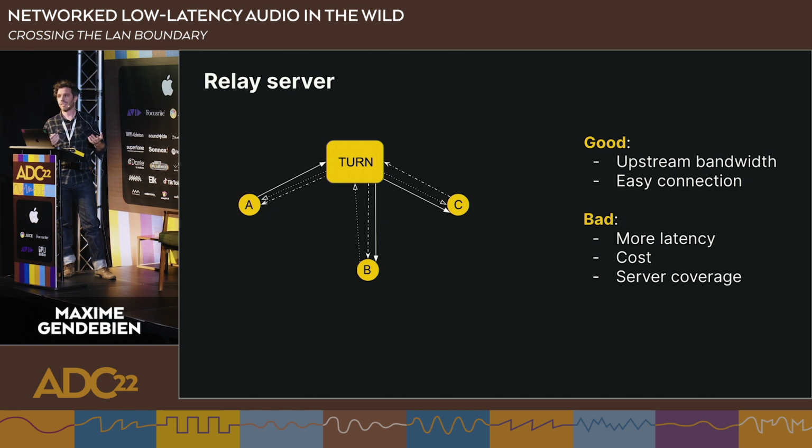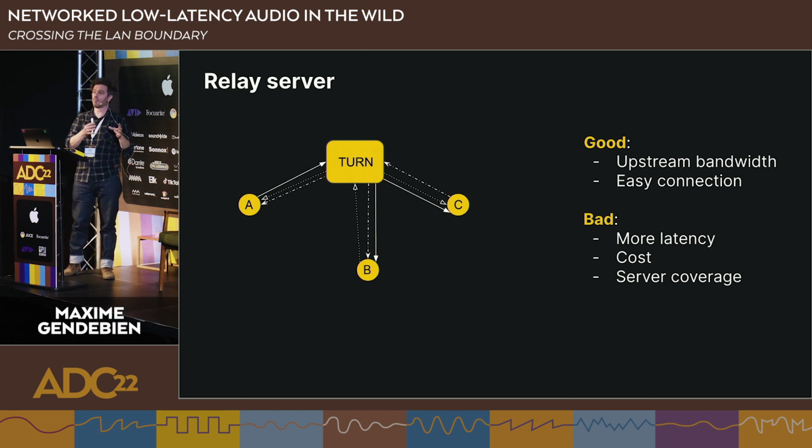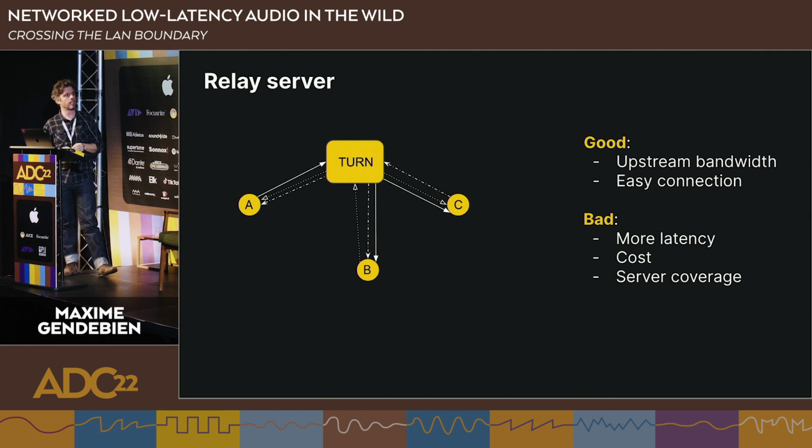But obviously, you'll add latency, and there's a bunch of other problems that will show up, like coverage, for instance. These servers cannot be geographically far from your users, otherwise, well. So how do you spawn these servers close to your users? That's a whole problem. We're not going to go into that at all, but you'll be faced with that.